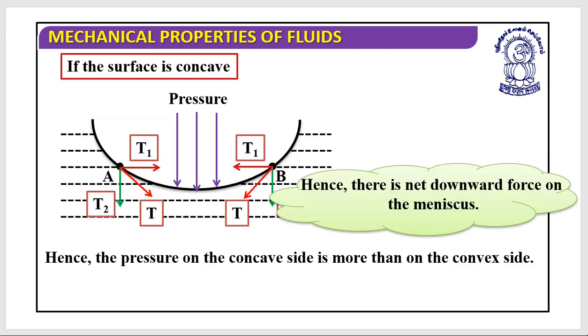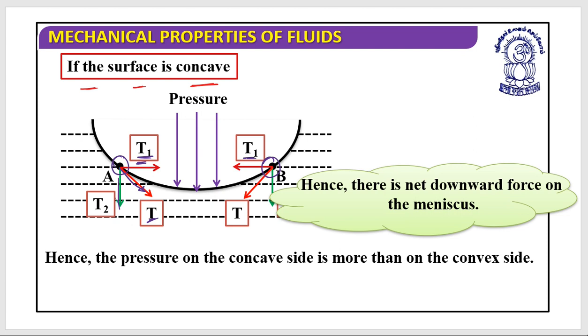Next, if the surface is concave, the situation is something like this. Again, if I look at these two points, point A and point B, at point A there is a surface tension T1, and at this point there is also a surface tension T1. Basically this is due to this tension T, and this is the horizontal component and this is the vertical component.